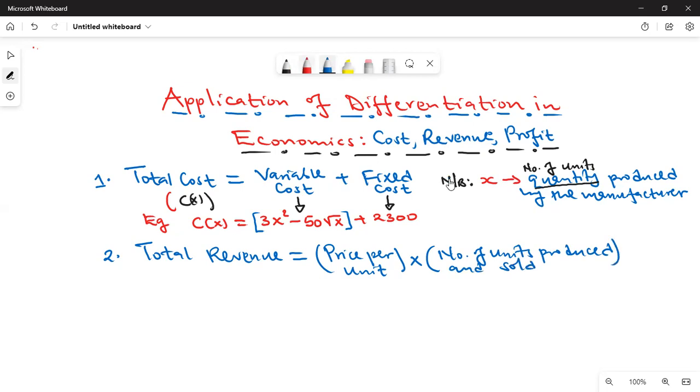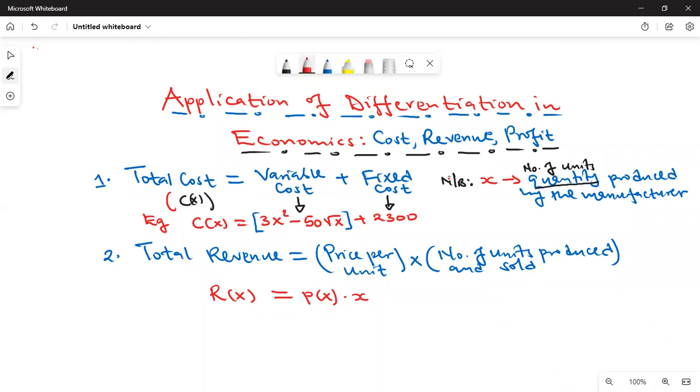So we are going to use the function R of X to mean that the revenue function is equal to price per unit, which we are denoting by P, a function of X, times X, where X is the number of units produced and sold.